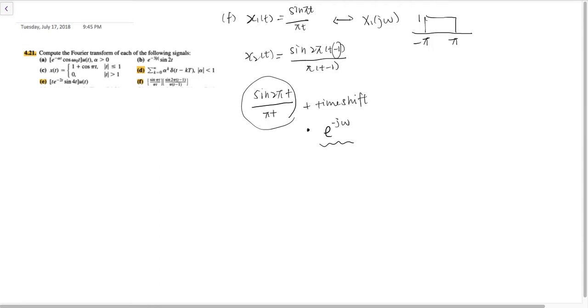And we know what this sinc signal looks like, from negative 2 pi to 2 pi with a magnitude of 1, right? So we know what our X2 j omega looks like: it will be from negative 2 pi to 2 pi with the magnitude of e to the negative j omega.